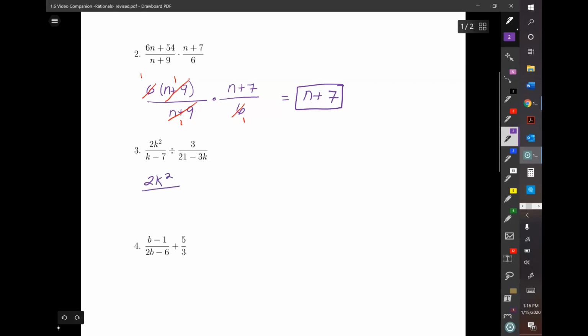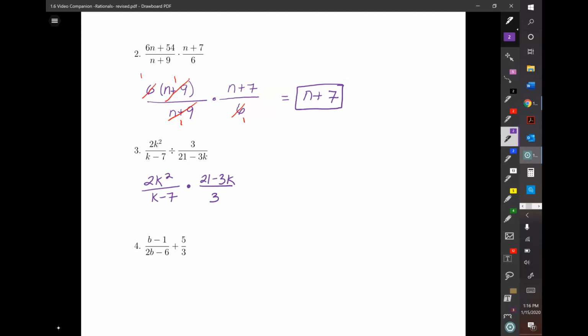I'm writing 2k squared over (k - 7) as the first term, and then I'm going to multiply by the second term, changed to its reciprocal, (21 - 3k) divided by 3. As dividing fractions, you need to multiply by the reciprocal. And sometimes if you just start right off factoring things, it's really easy to forget to flip it.